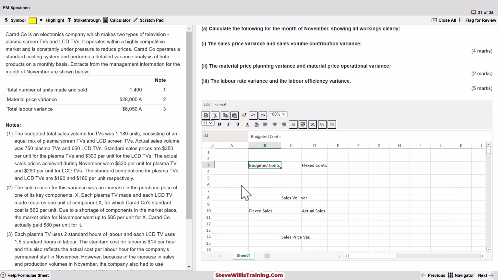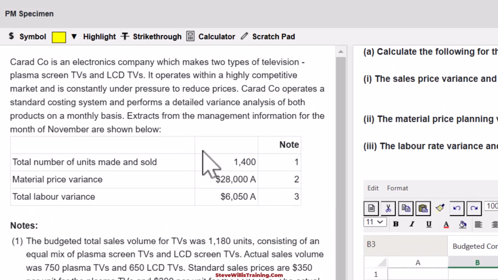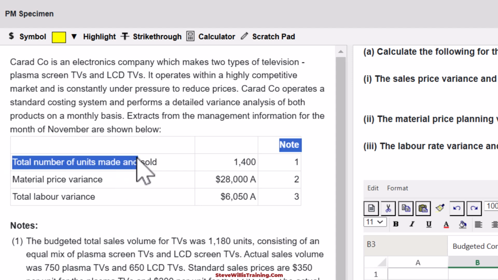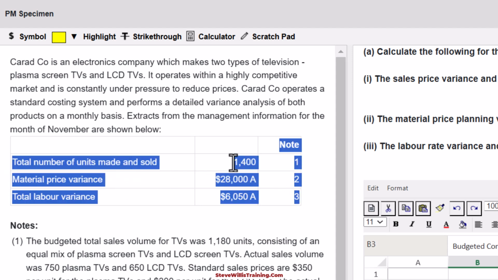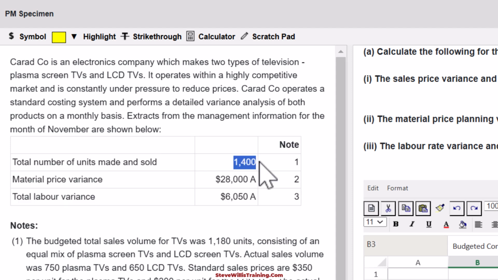Let's read the story. Let's see what we've got. Well, it's a big story. And we learn about the Carad electronics company, and they sell two products: plasma TVs and LCD TVs. And we have some actuals for the month. We've got the total units produced and sold.